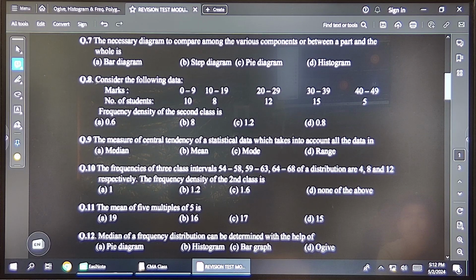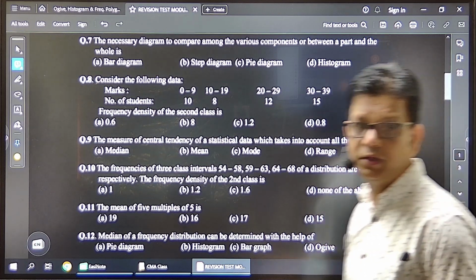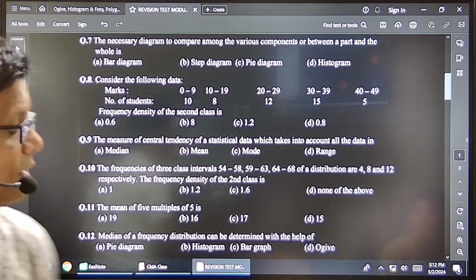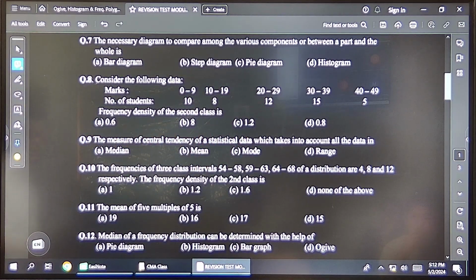Even this 12 we did just now. Median of a frequency distribution can be determined with the help of which of these? OSIF. Yes or no? That graph we have drawn is called OSIF. So median we can find out, not by any other graph than OSIF. Okay? So complete this.